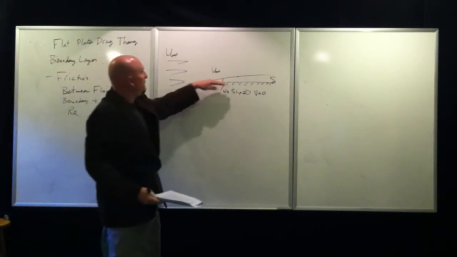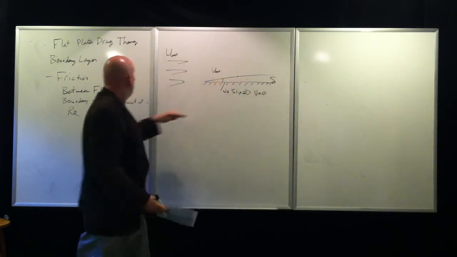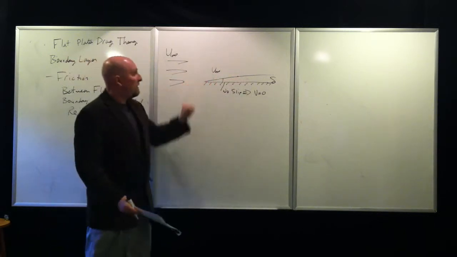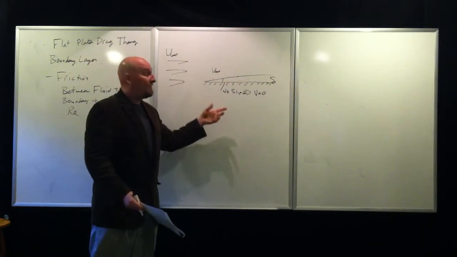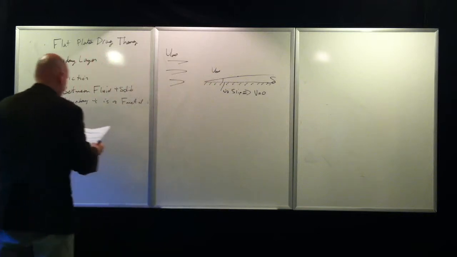So we have a solid, we have our fluid, we have our friction, our drag friction is going to be a function of a Reynolds number. So the coefficient of drag and the drag is going to vary as the Reynolds number varies.